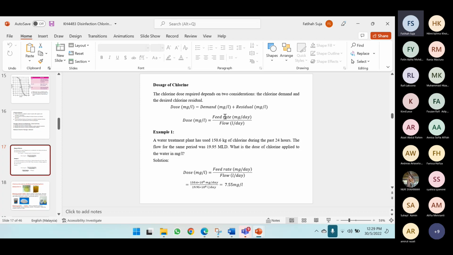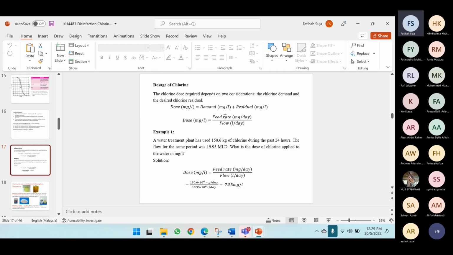So in case during the piping to the household, you got these organic contaminants, you got these pathogenic microorganisms, the chlorine residual will be able to disinfect these microorganisms.